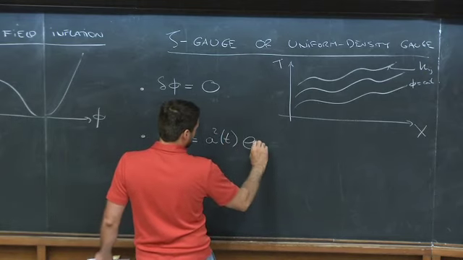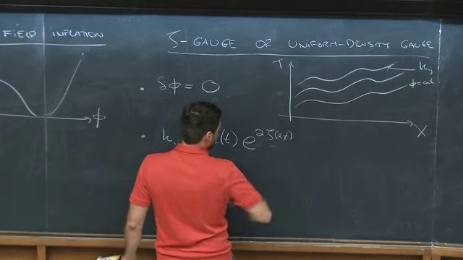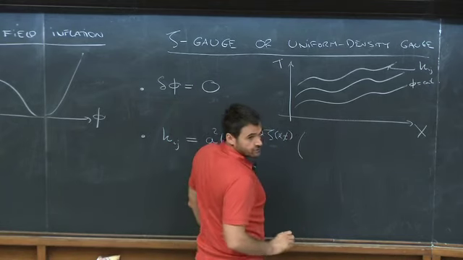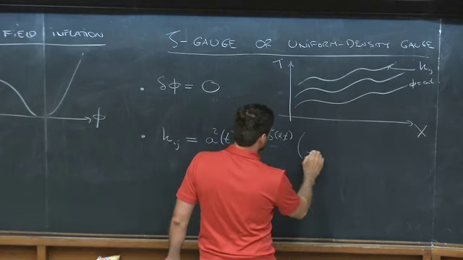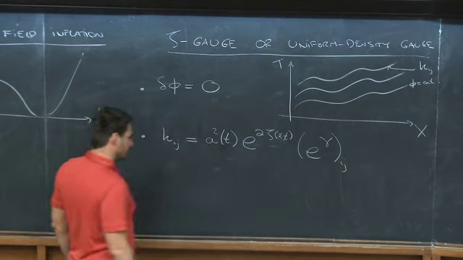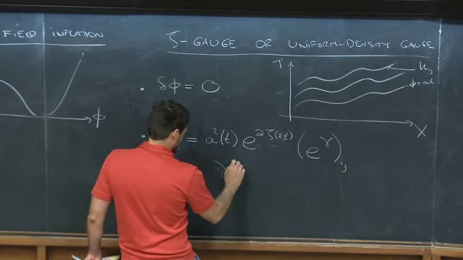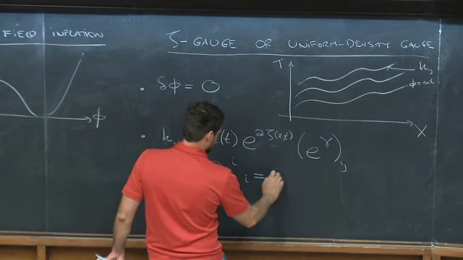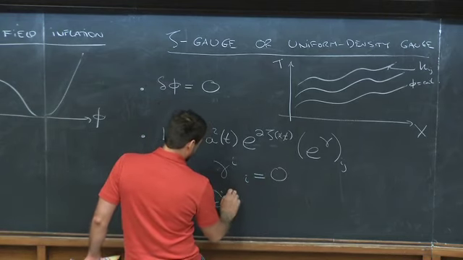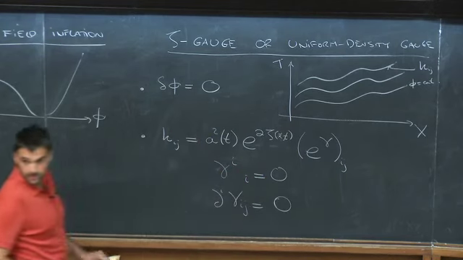The scalar perturbation will be simply a conformal mode, which we call zeta. And then there will be tensor modes associated with gravitational waves, and these we can write as e to the gamma_ij, where gamma is transverse and traceless. So gamma_ii is 0, and d_i gamma_ij is 0. Okay?